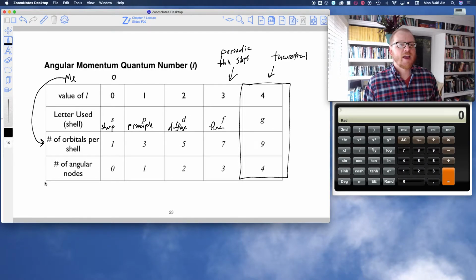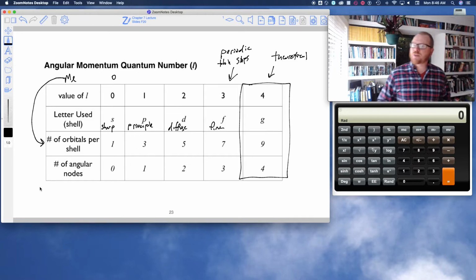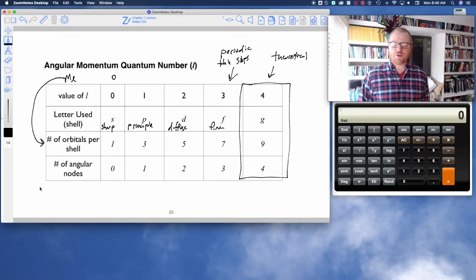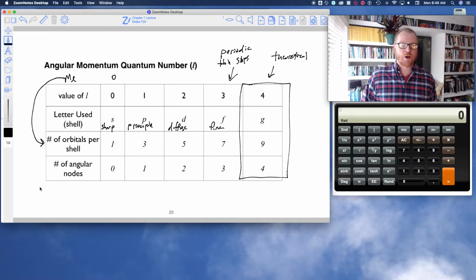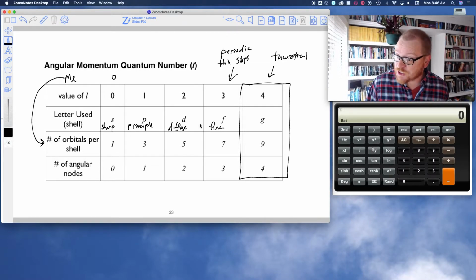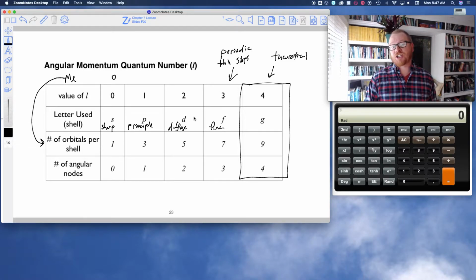We're seeing how these numbers are kind of like a computer code. These numbers are not very intuitive, so they really are based off of a computer code in some ways, okay? So for L equal to 0, there's only 1 orbital per shell. Well, what's a shell? That thing that I just described: S shell, P shell, D shell, F shell, okay? So just 1 orbital per S shell.